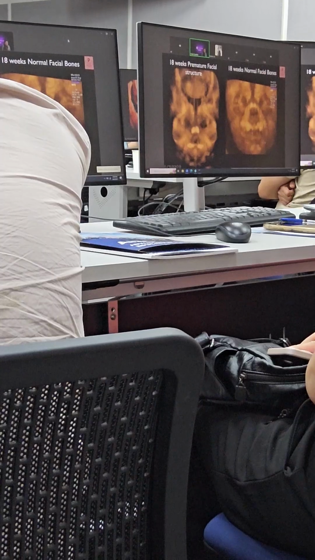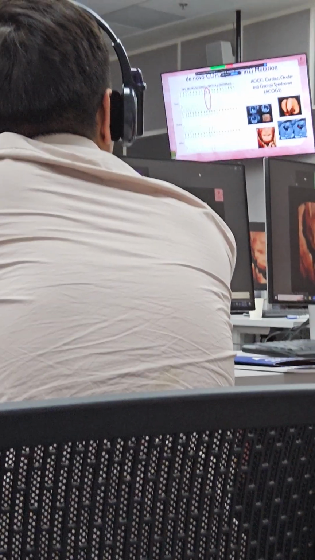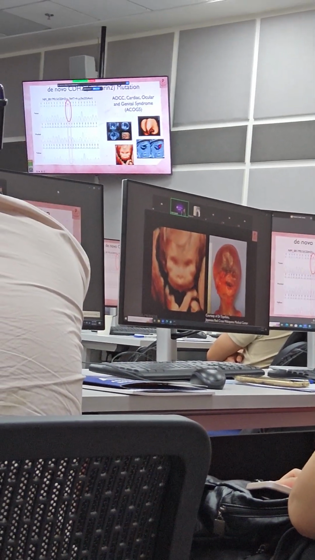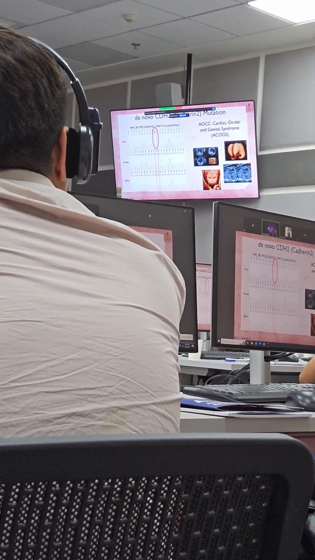Now, this is the case after the termination of the pregnancy, and here you can see this is a completely abnormal location. And what was that? This was a de novo CDH2, cadherin 2, mutation.